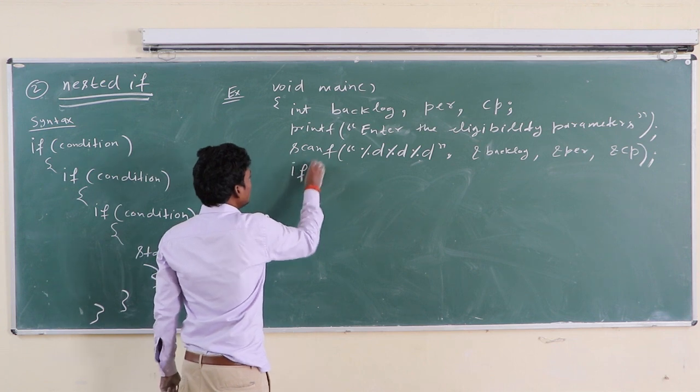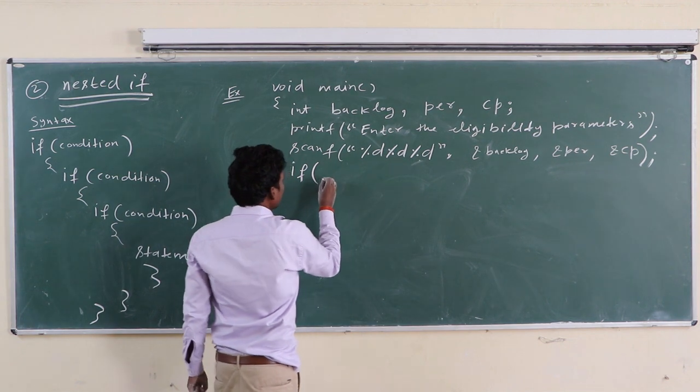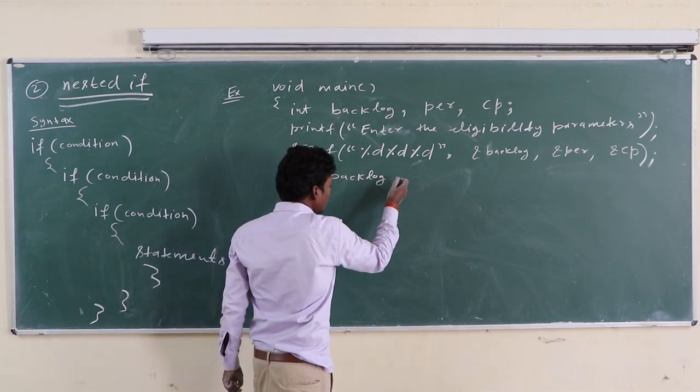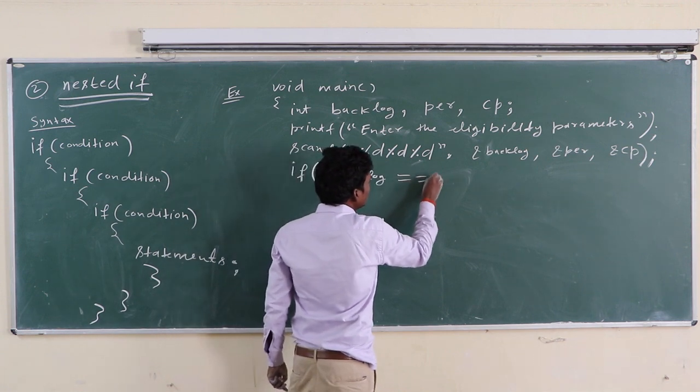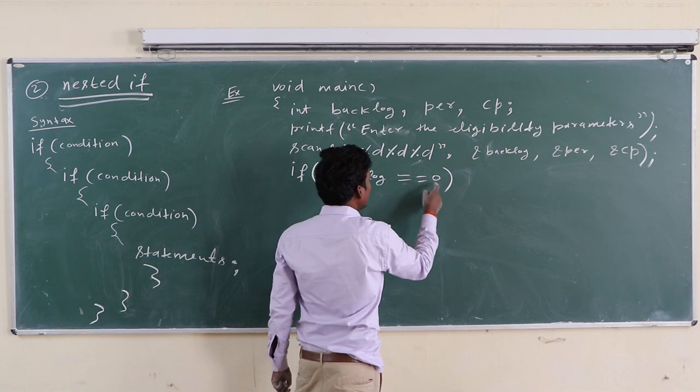Now we have to perform the decision control, nested if. If backlog double equal to 0. Double equal to means equal. Single equal to means the assignment symbol.